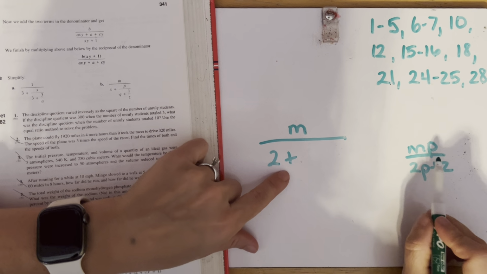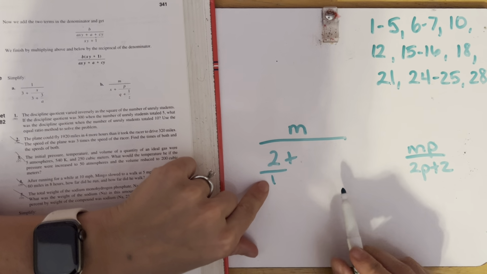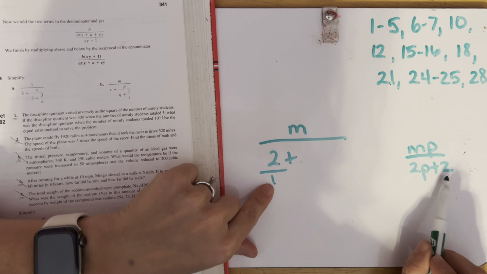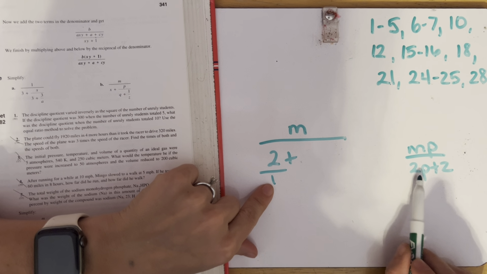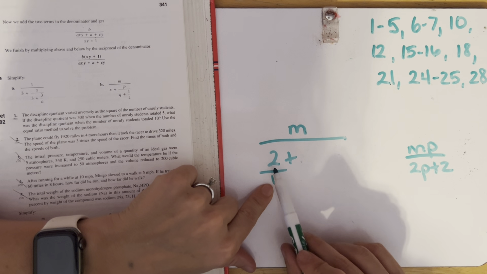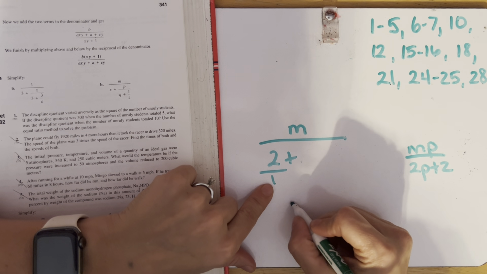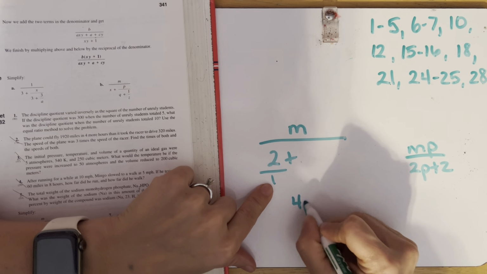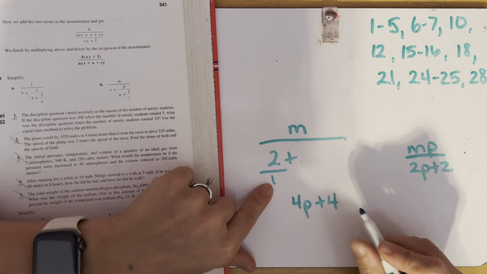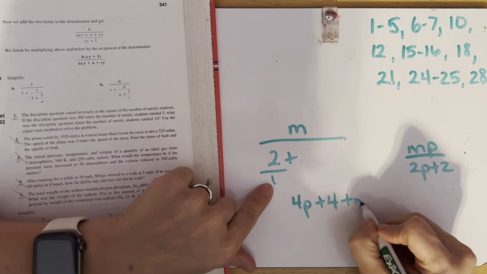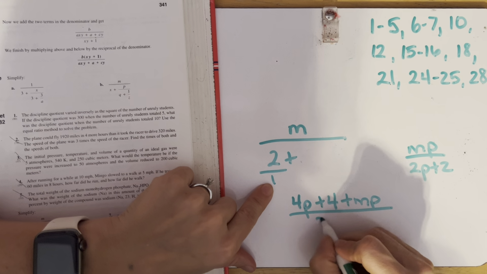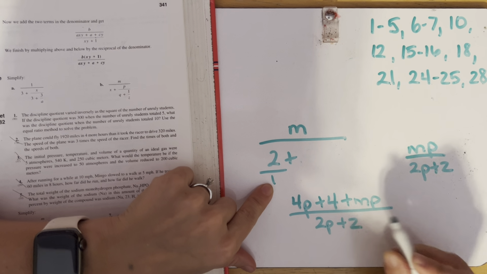So 2 plus mp, so 2 over 1, over 2p plus 2. So my common denominator now is 2p plus 2. So 2 times 2p, so I have 4p plus 4 plus mp over 2p plus 2.